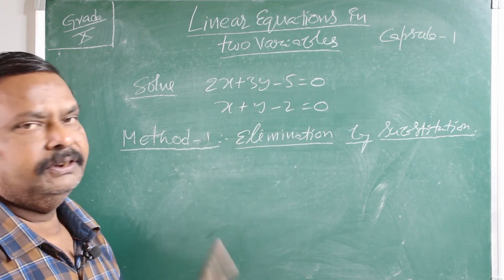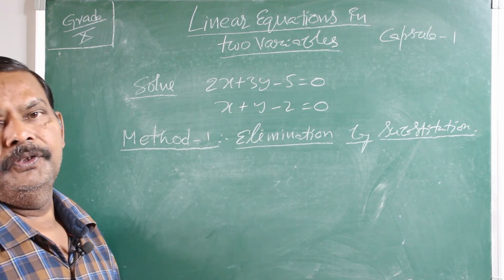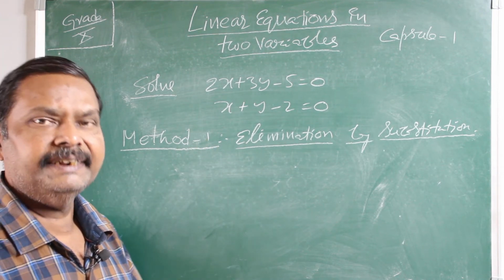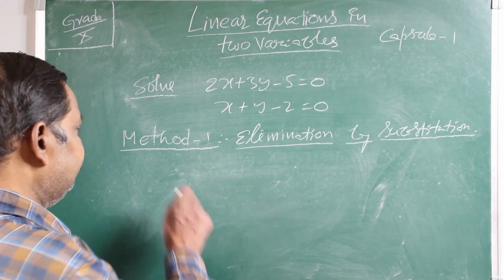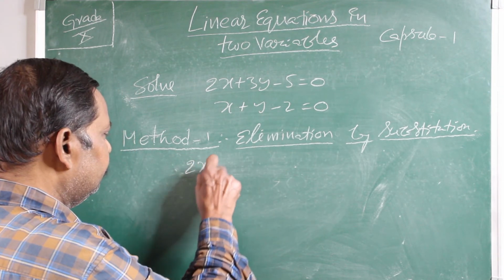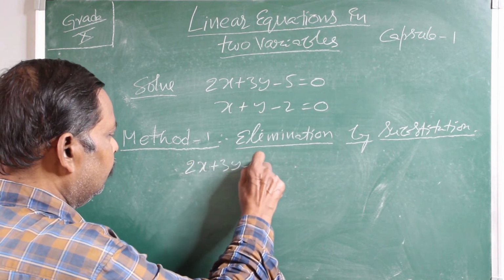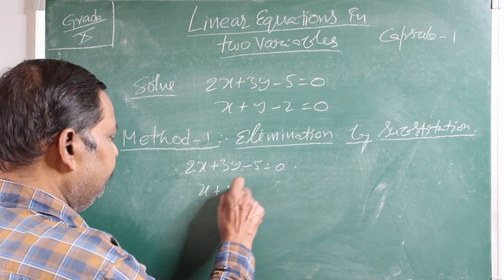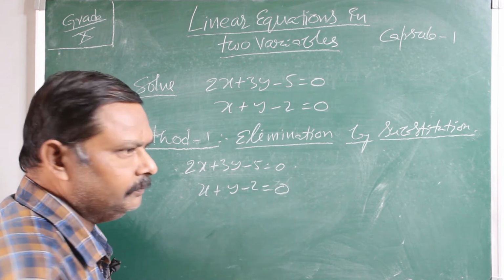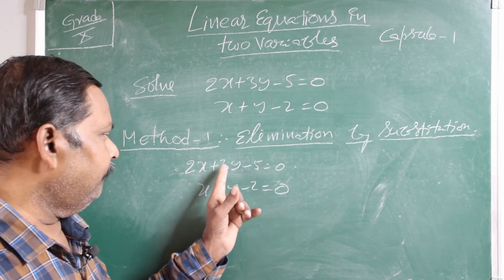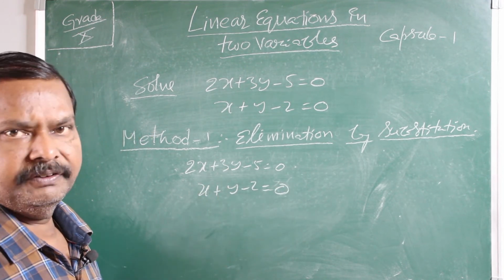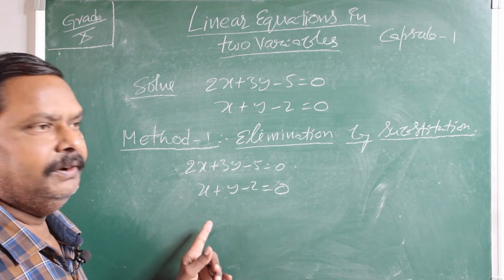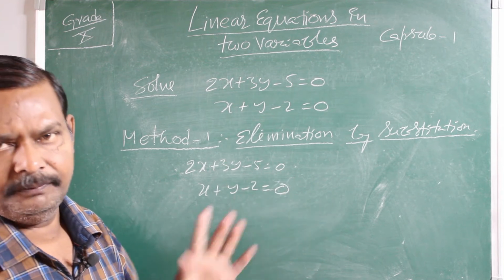How to solve these two equations simultaneously using the method elimination by substitution? Let us see now. The first equation is 2x + 3y - 5 = 0 and the second is x + y - 2 = 0. By taking any one of the two equations, get the value of one variable in terms of other variable.